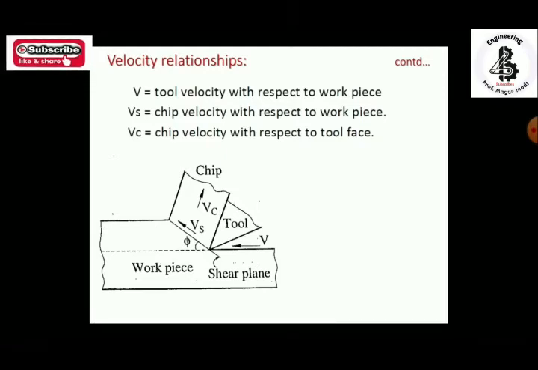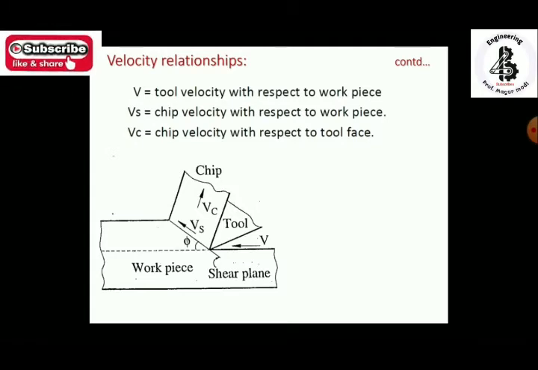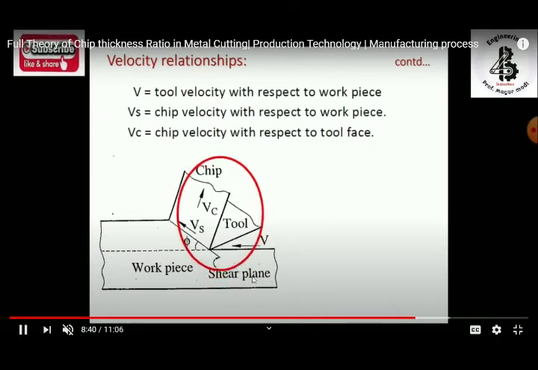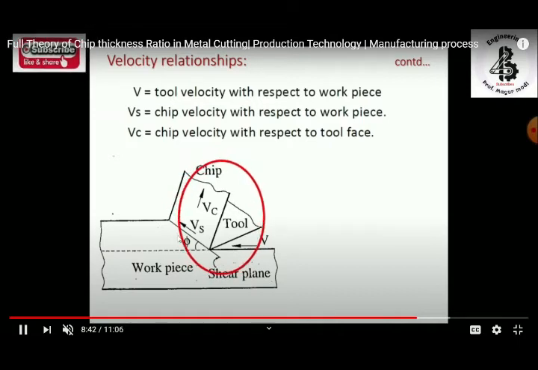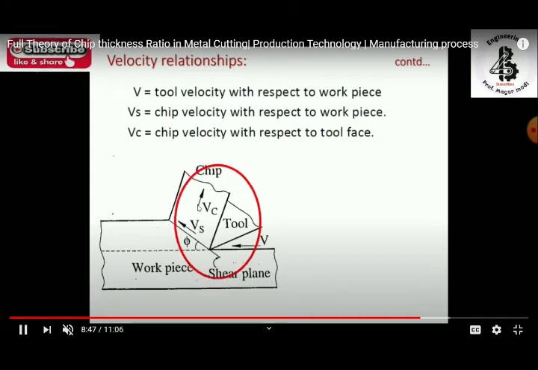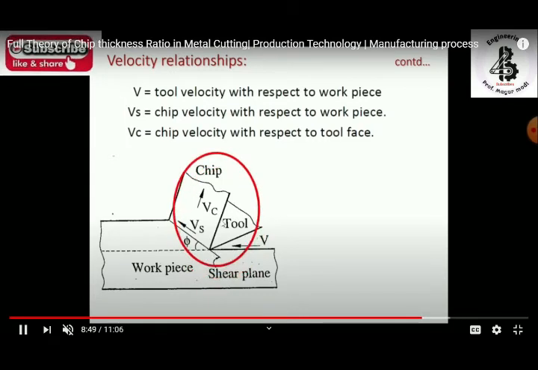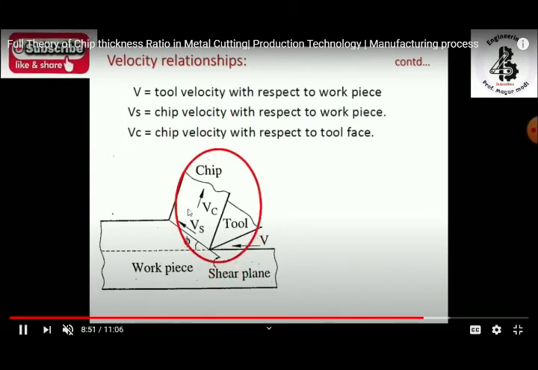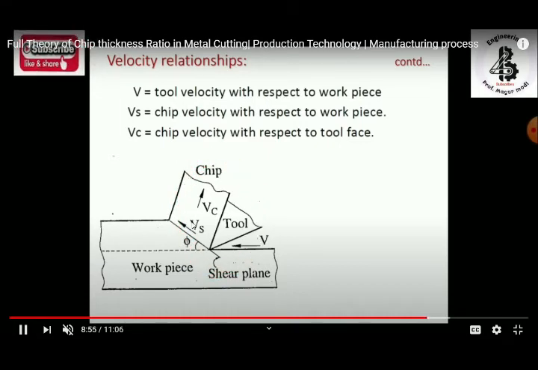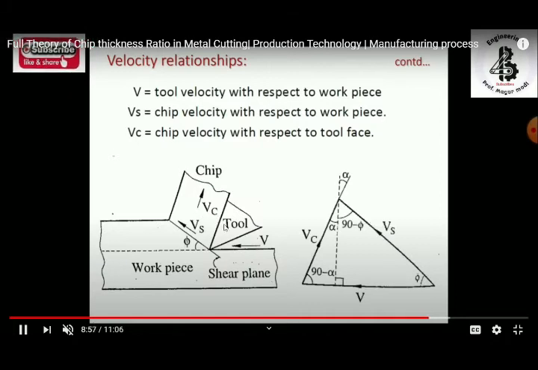Actually, three velocities act here when we observe this figure in the metal removing process on the tool and workpiece: cutting velocity, shear velocity and flow velocity.